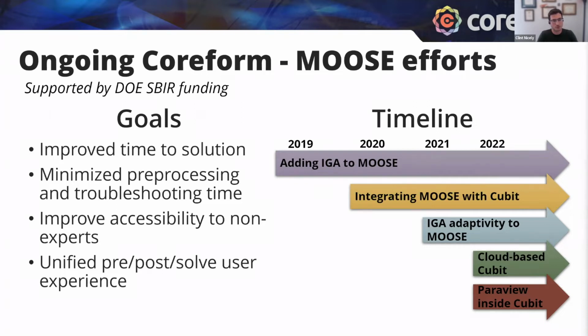We want to improve accessibility of Moose to non-experts. And we want to also provide a unified pre-post solve user experience, kind of like an all-in-one CAE environment. So all of these goals are really what are pushing us to go for and adding these capabilities and extending all of these possibilities to the Moose user base.